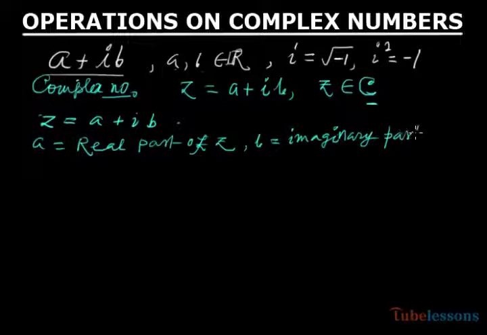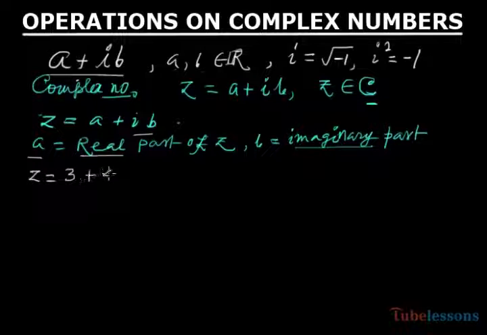But it is not actually imaginary, it also exists. As a is the real part, we define b as the imaginary part. So there are two parts. For example, z is equal to 3 plus 4i.